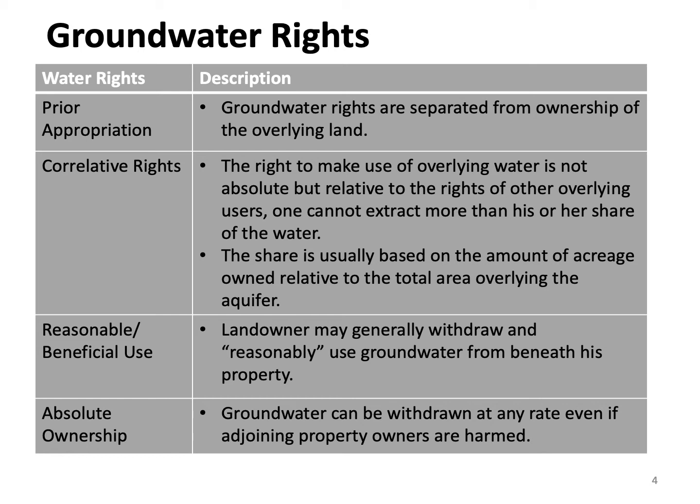Reasonable use. Water users must obtain a permit based upon an evaluation of the reasonableness of the proposed beneficial use. And number 4, absolute ownership. Landowners can withdraw groundwater from their overlying land at any rate without advance consideration of impacts to adjoining properties.